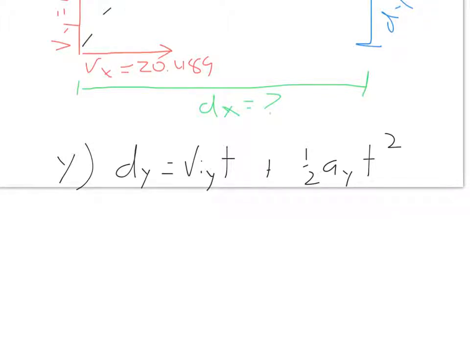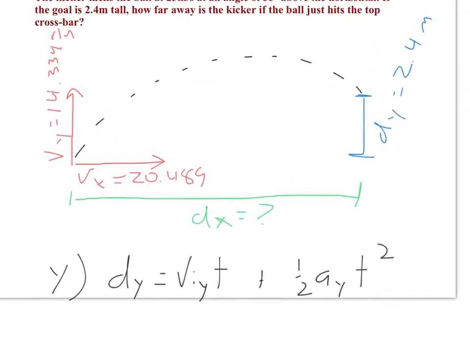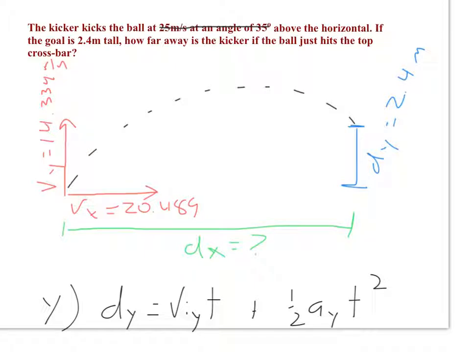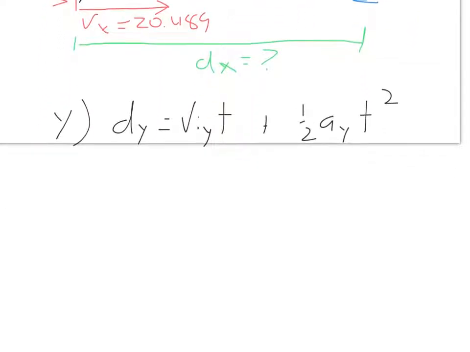All right, subbing in this vertical distance dy, well, that's the height of the goalpost. That's the 2.4 meters. So 2.4 meters is equal to my initial vertical velocity.